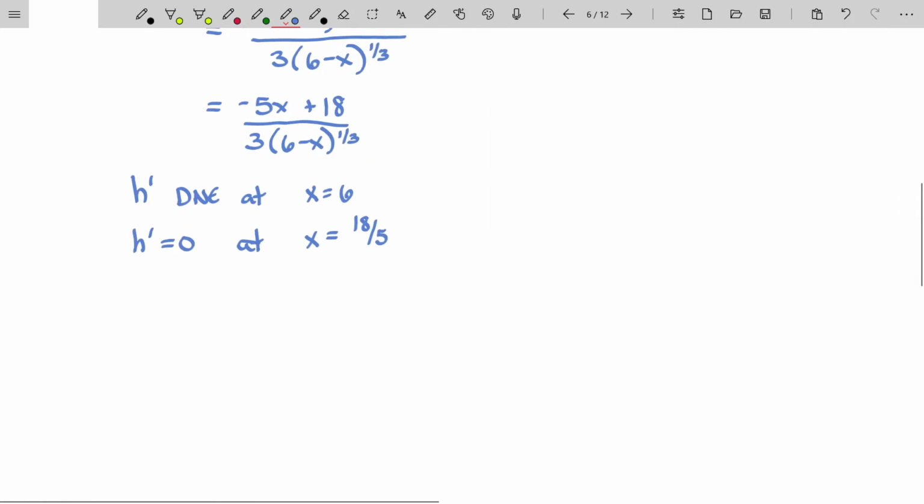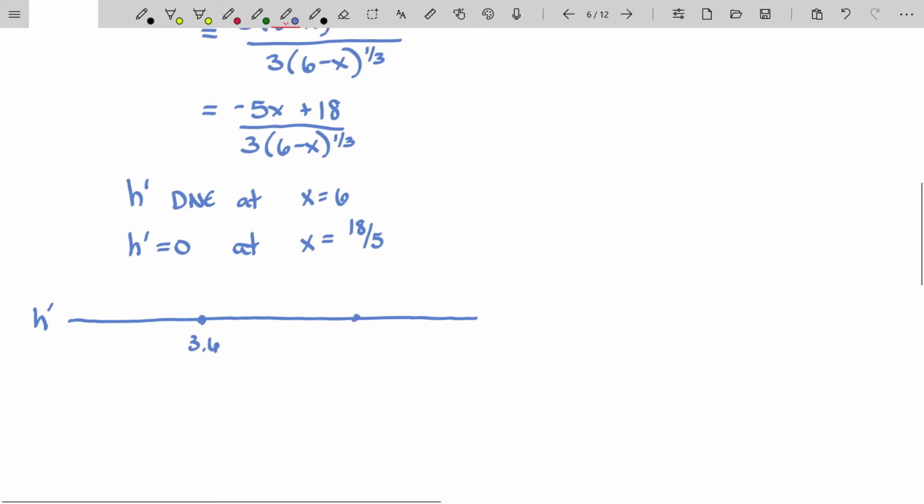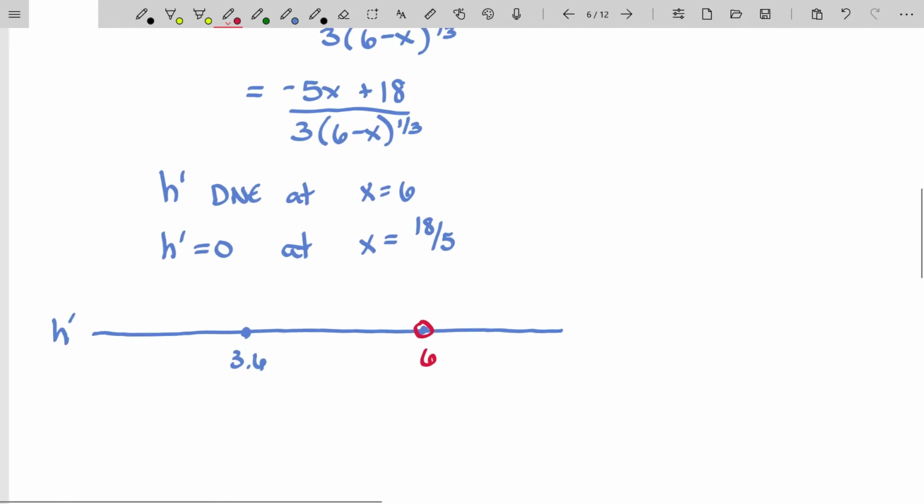The last problem that we did had symmetry, so we only had to graph out half the number line. But in this case, unfortunately, we don't have symmetry, so we have the full number line. 18/5 is 3.6. So I'm going to plot that here, 3.6 and 6. Oops, and I want an open circle where 6 is. Sorry about that.